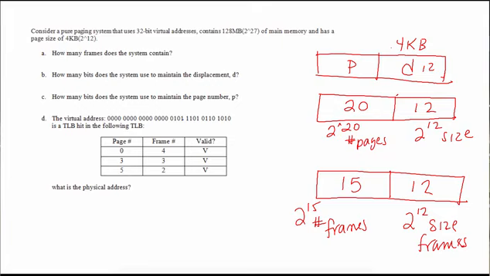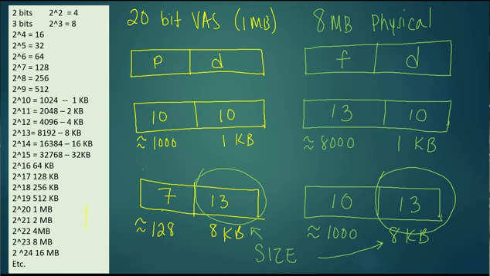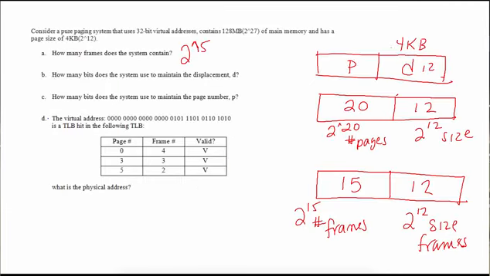So how many frames does the system contain? 2 to the 15, which is approximately 32,000 frames.